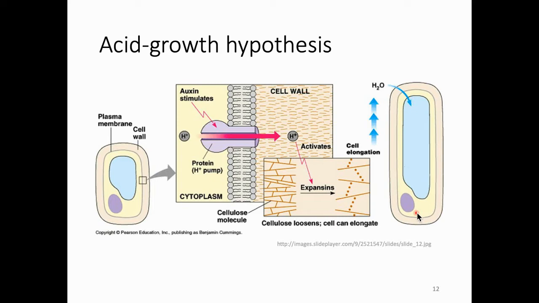Inside the cell usually has more solutes such as sugar and salt, for example. So the water will rush into the cells and give the turgor pressure, and the plant cell will expand toward the other side. Alright, this is how auxin promotes cell elongation.